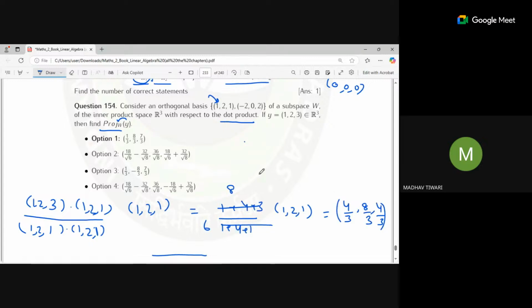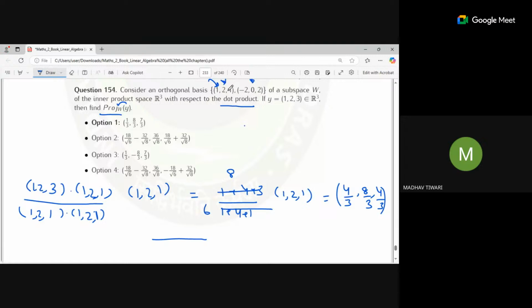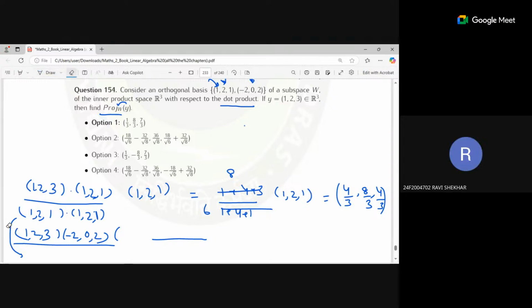Okay, this is the projection of y on this one. Now I have to find out the projection on this one as well. These two are orthogonal, you can verify this thing. So if I find out the projection of 1, 2, 3 on minus 2, 0, 2, I divide it by minus 2, 0, 2 with minus 2, 0, 2, and then multiply by minus 2, 0, 2.